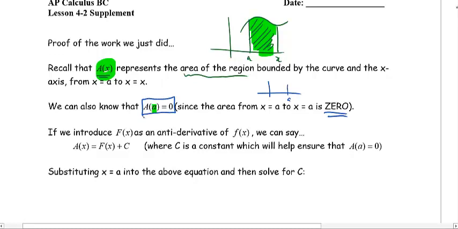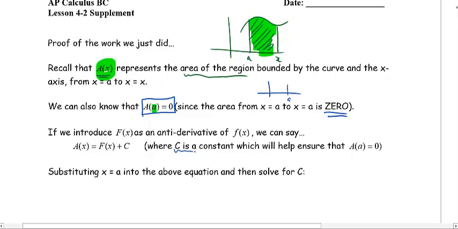Now, if we introduce capital F of x as the antiderivative of little f of x, we should be able to say that the area, so A of x, is equal to capital F of x plus c. And you're like, where did this c come from? You're right.